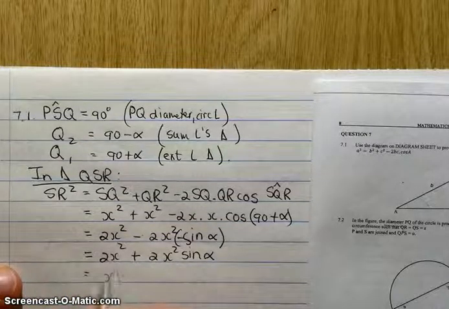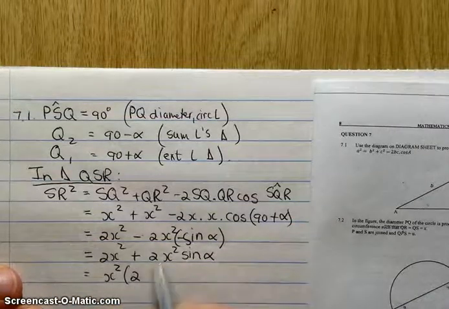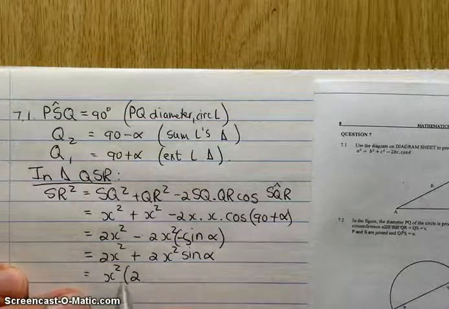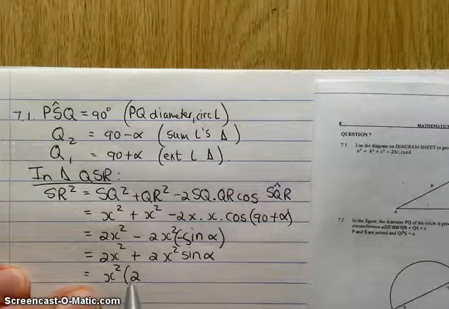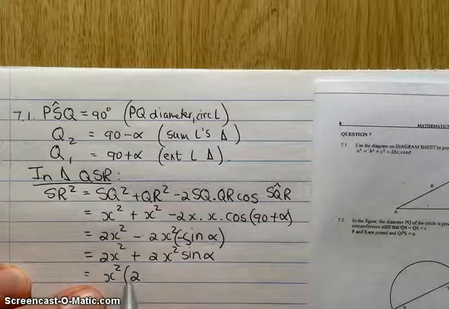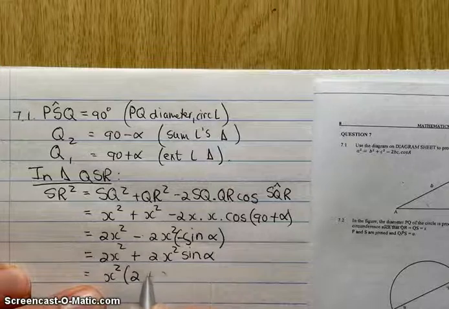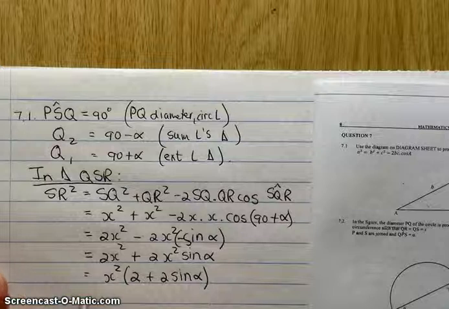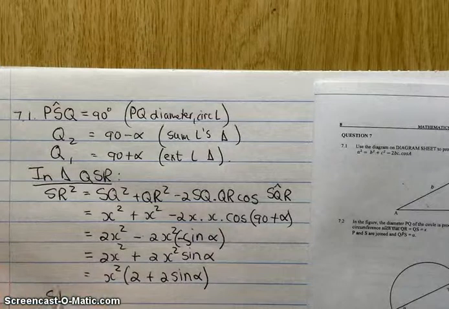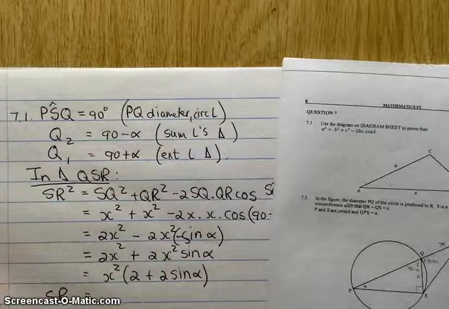Take x squared out as a common factor. You can actually take out 2x squared. Now, if we look at the result that they want, we can just leave the 2 inside. So it is going to be x squared times (2 plus 2 sine alpha), and therefore SR is equal to the square root of that, and they want the x outside.